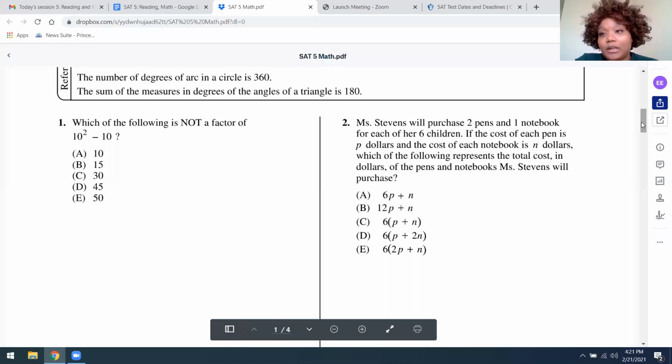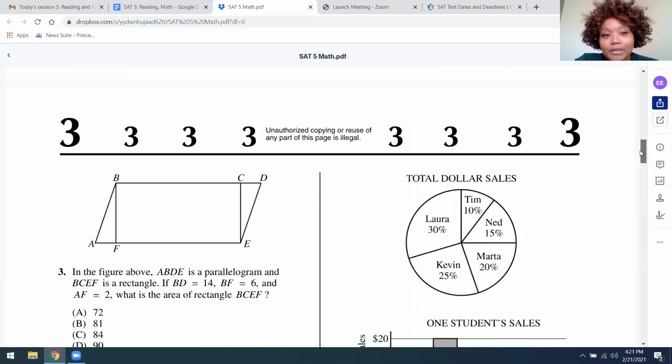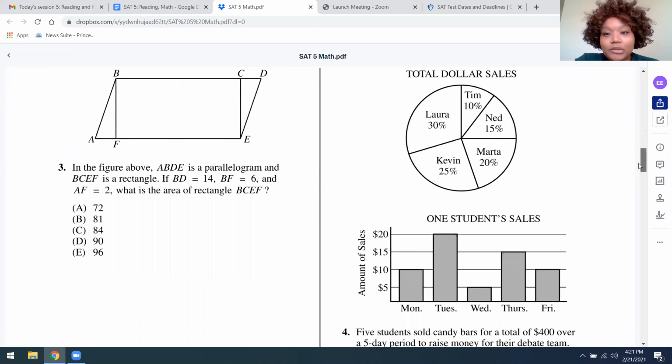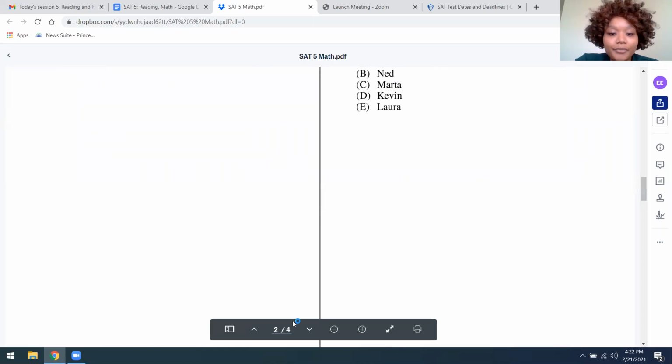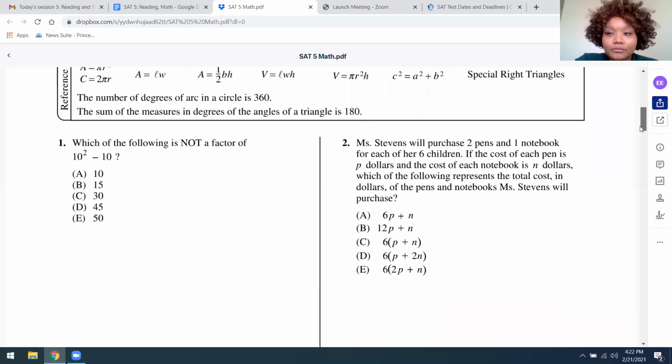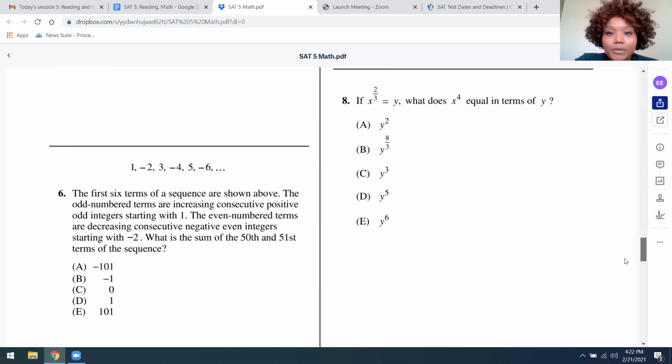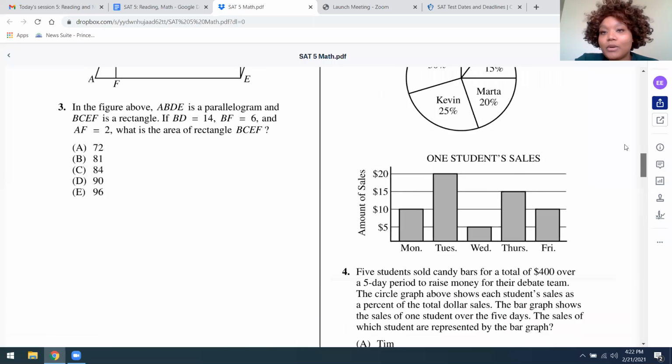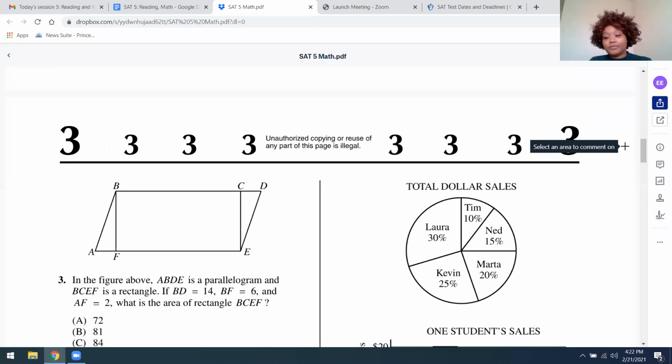Originally, I was going to have you do 1 through 10. But here's what we're going to do instead. Try to do 1 through 10, but if you don't have enough time for the time that I give you, do numbers 3, 8, and 10.